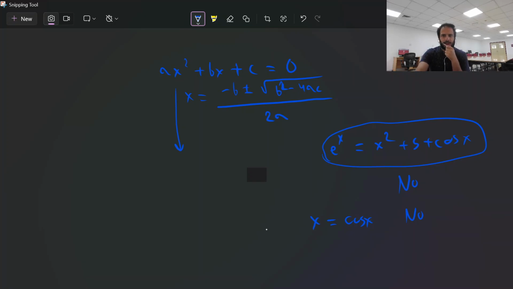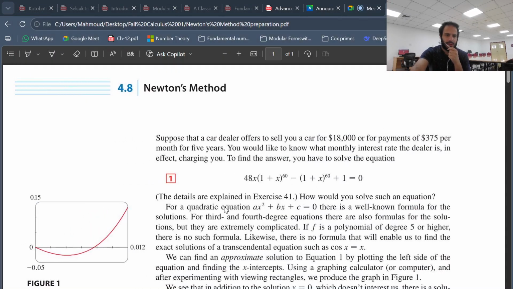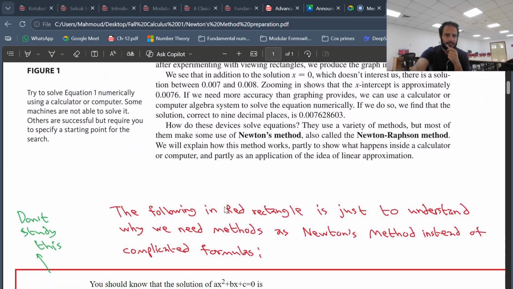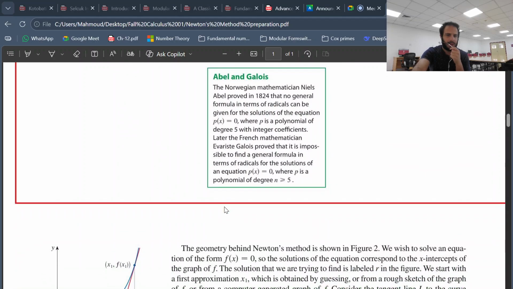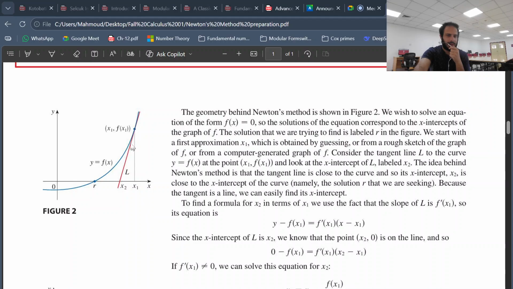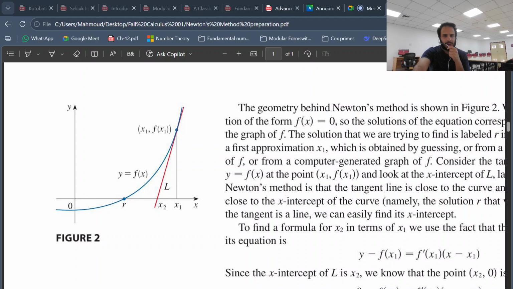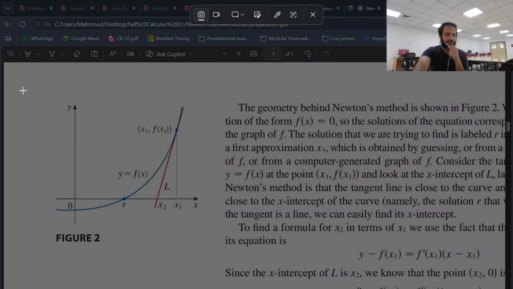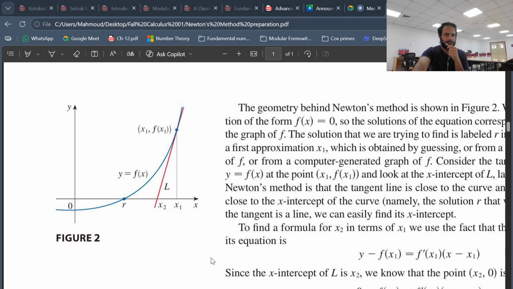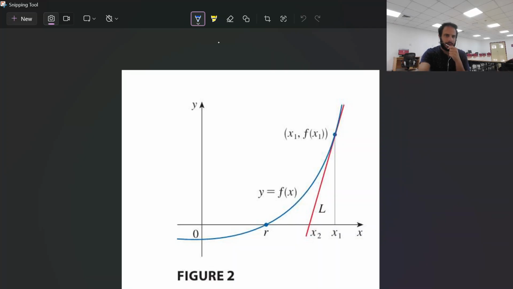Now let's explain Newton's method. So let's go. We'll start explaining Newton's method now. This is very important, okay? So let's explain this graph first. See this graph. See the blue one, f of x.